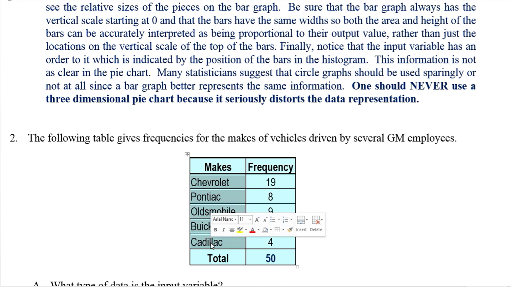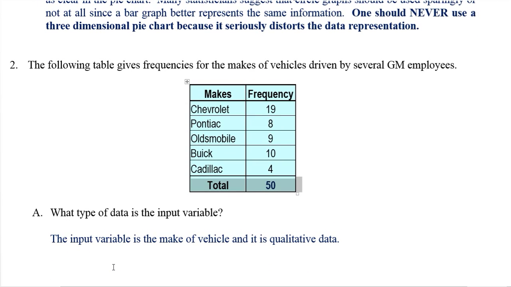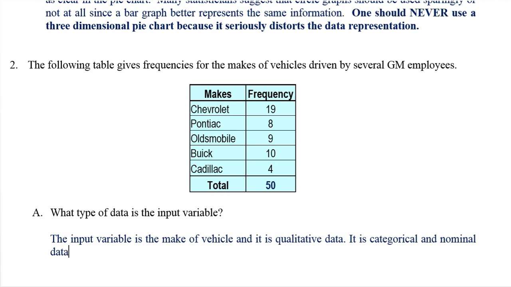Well, it's categories only, so it's qualitative data. It is also the lowest level, categorical and nominal data.